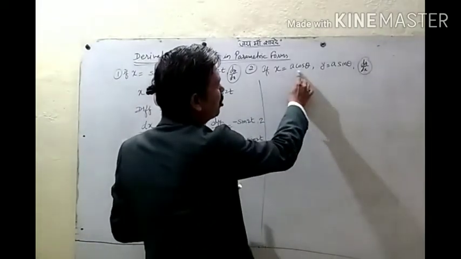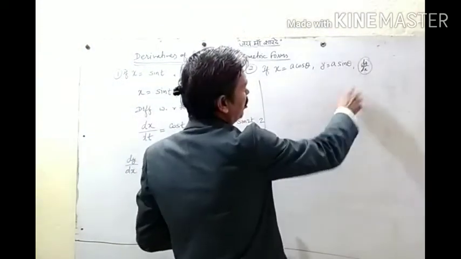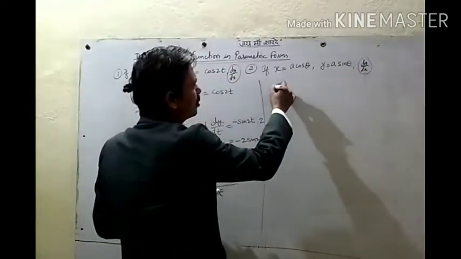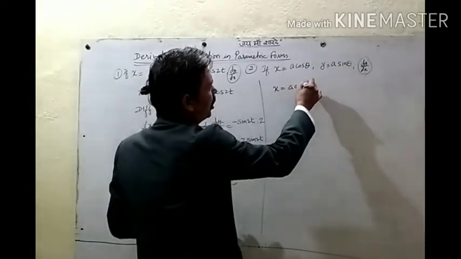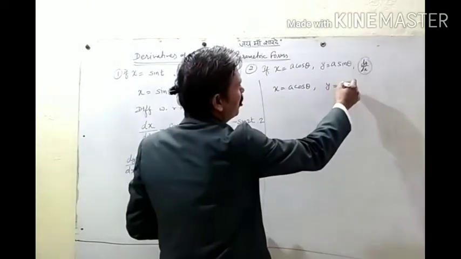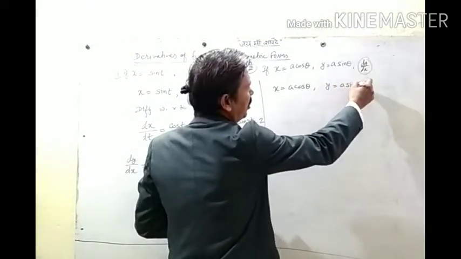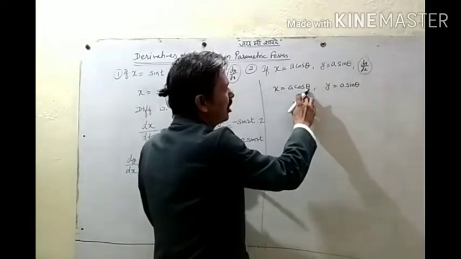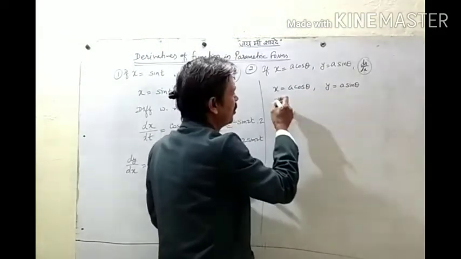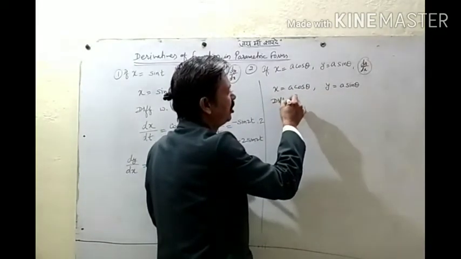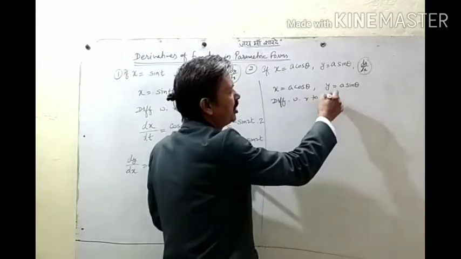If x equal to a cos theta, y equal to a sin theta, so what is dy by dx? So we have x equal to a cos theta and y equal to a sin theta. Now here the third variable, the parameter, is theta. So we will differentiate with respect to theta.